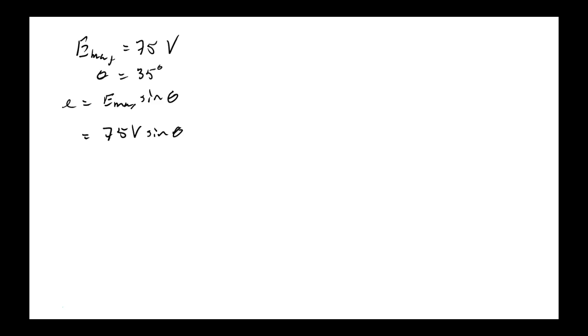Here's where that comes from. By the way, the same formula works for current. So little i is equal to I max times the sine of theta. Whatever your I max is, put it in. Usually it's the same theta.